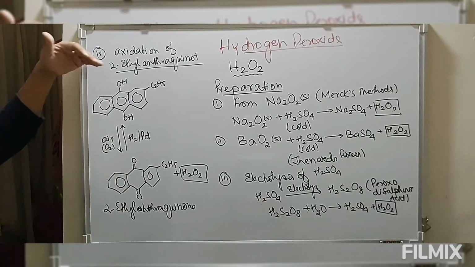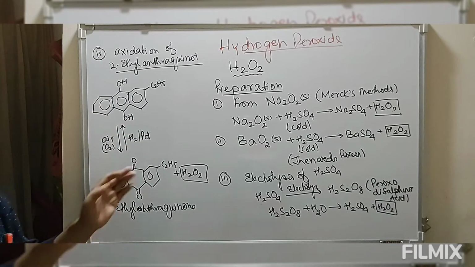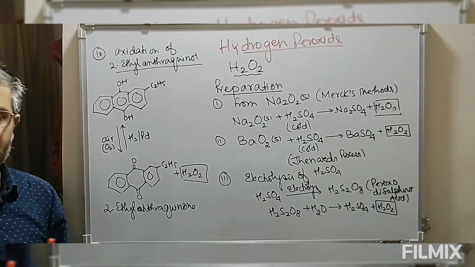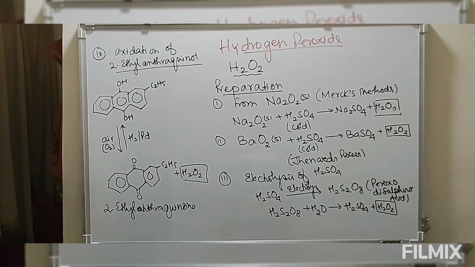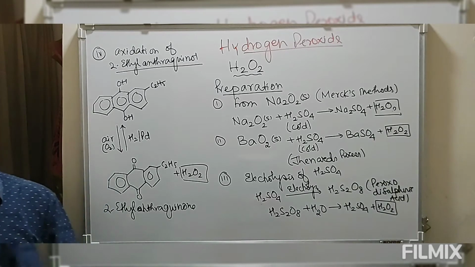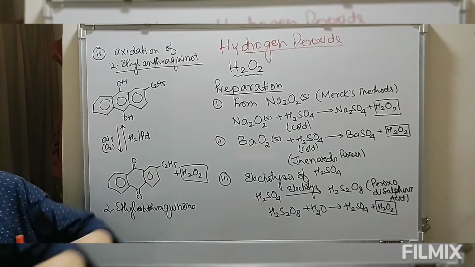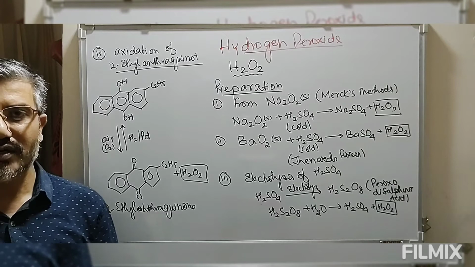We can again regenerate this reduced form for further aerial oxidation by treatment with hydrogen in the presence of palladium. So these are some of the common methods by which we can prepare hydrogen peroxide on a small scale or a large scale. So this is the preparation of hydrogen peroxide.